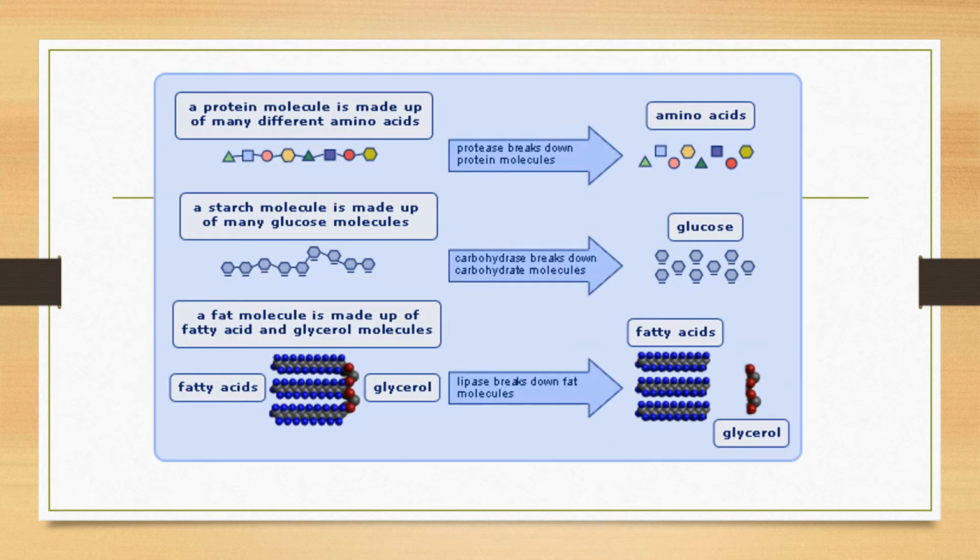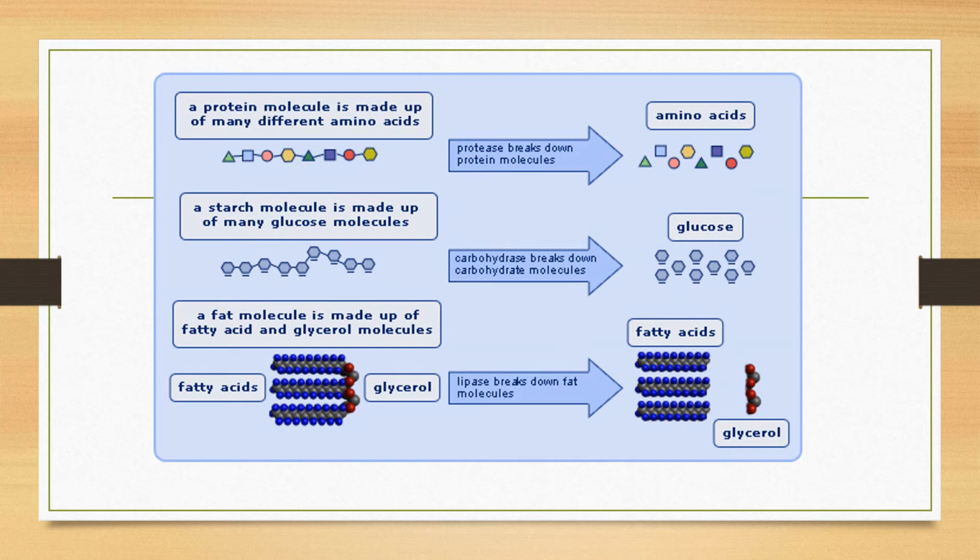So here are some examples of degradation reactions. We know that proteins are made up of amino acids, so we've got a long chain of amino acids. The enzyme protease speeds up the reaction of proteins being broken down to amino acids. The same with our starch molecule that's made up of lots of glucose molecules.